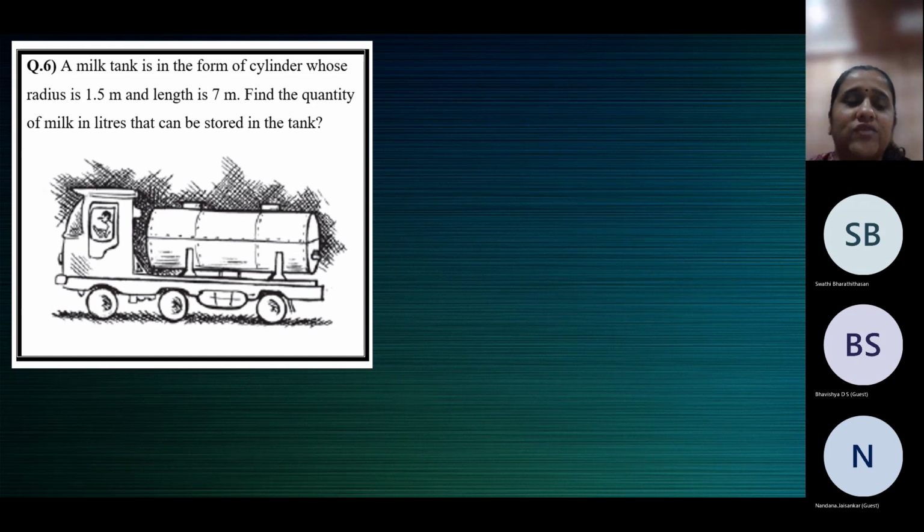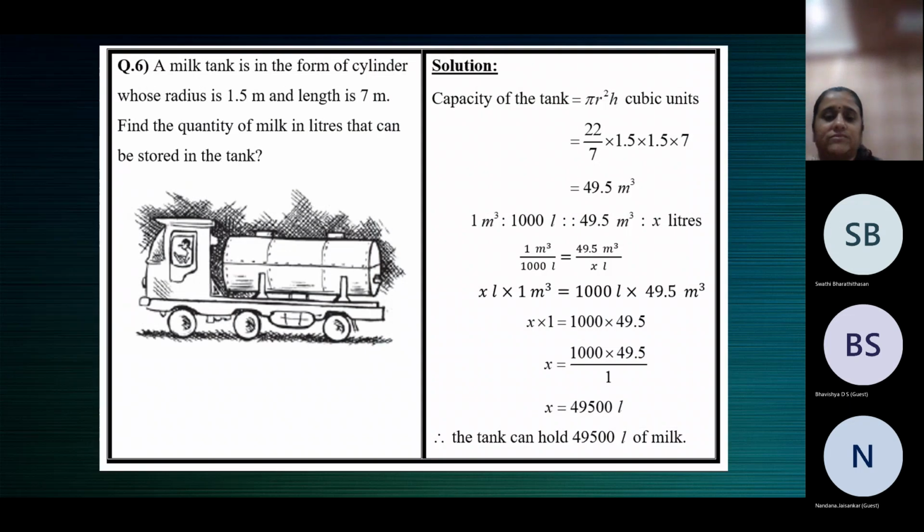So you need to first find the volume in meter cube. Why meter cube? Because radius and height are given in meter. First find the volume of the cylinder in meter cube and use this relation to convert meter cube to liters.